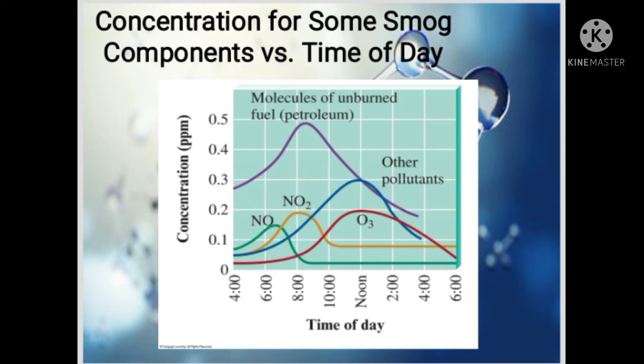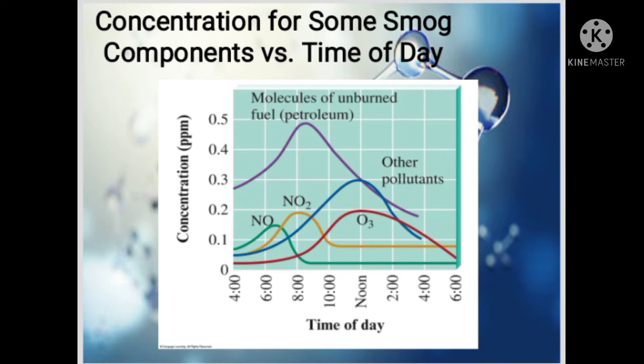We have here the time of day: 4 a.m., 6 a.m., 8 a.m., 10 a.m., noon, 2 p.m., 4 p.m., and 6 p.m. So we have here the molecules of unburned fuel. We have 8 a.m. The concentration, we have the 0.5.